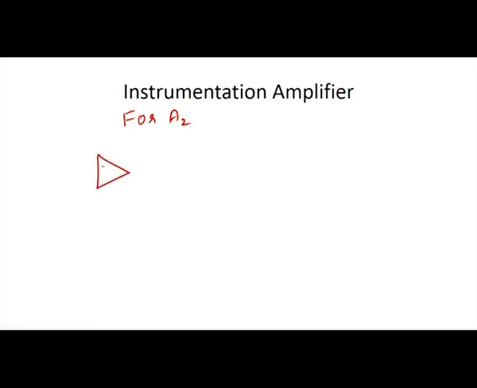For A2 the signal given is V2, again the same circuit but with the signal V2. The feedback resistance is now considered as the same R dash and here R, and at this point the voltage is V1.